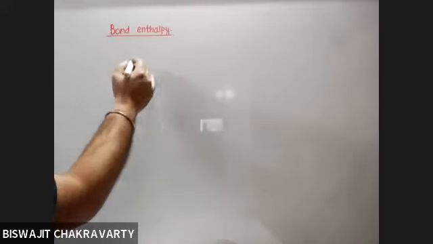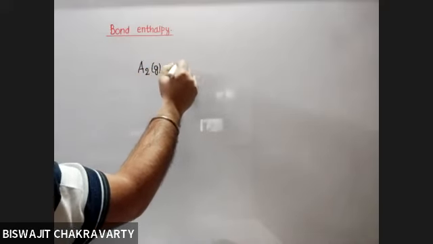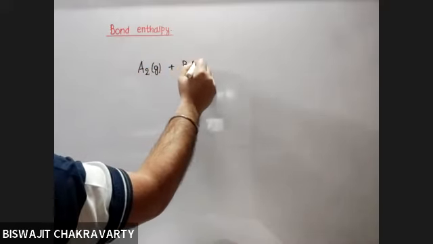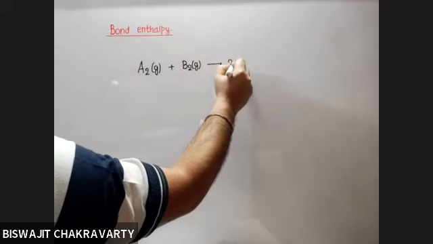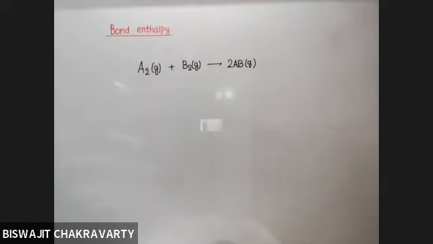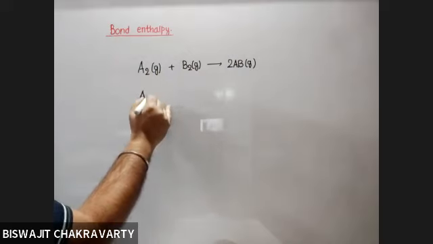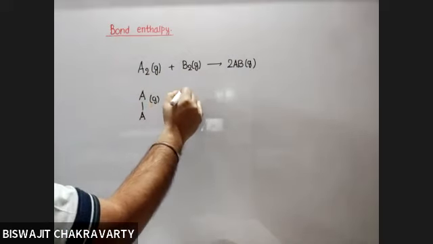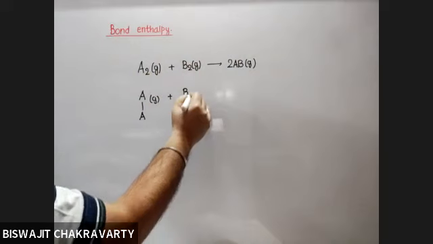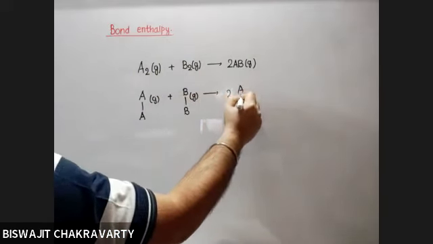Suppose we have a chemical reaction A2 gas plus B2 gas gives twice of AB gas. This can be written as A bond A plus B bond B gives twice of A bond B, isn't it?